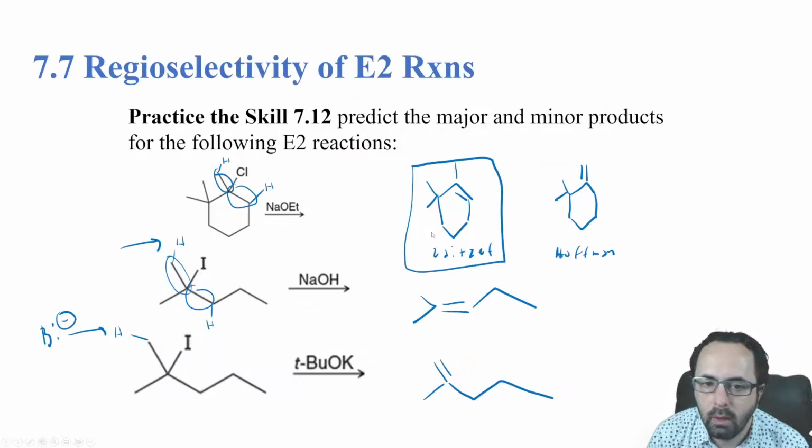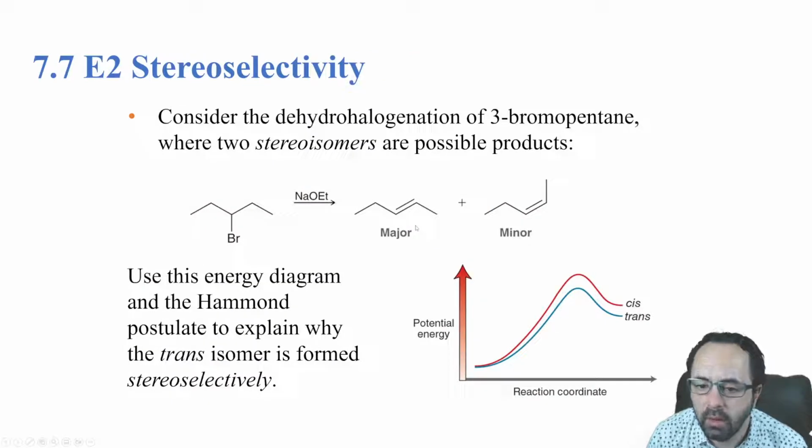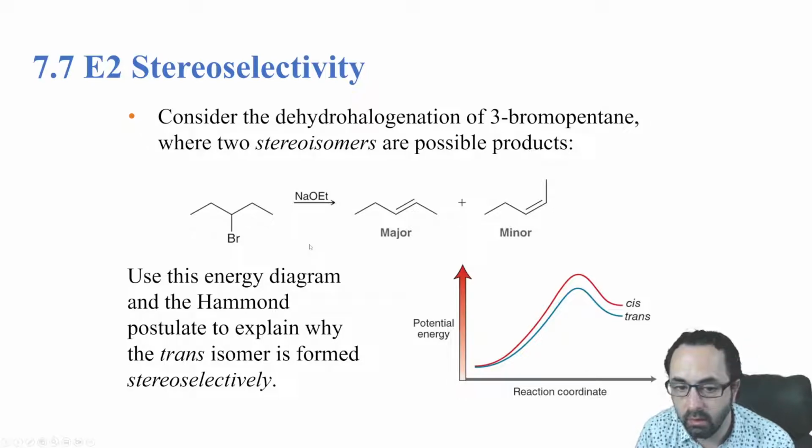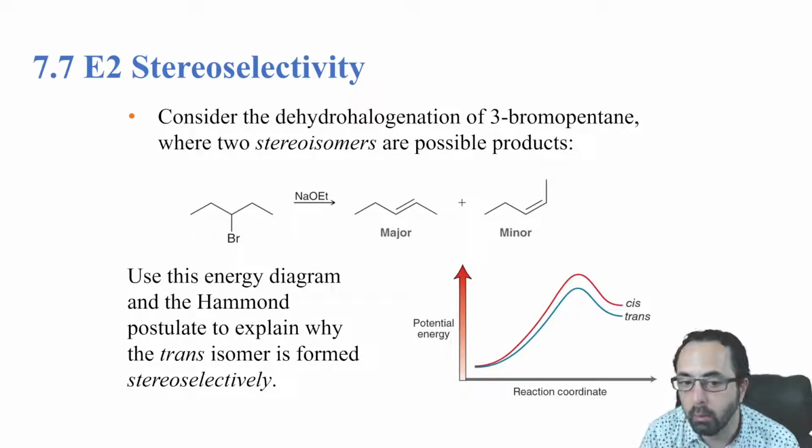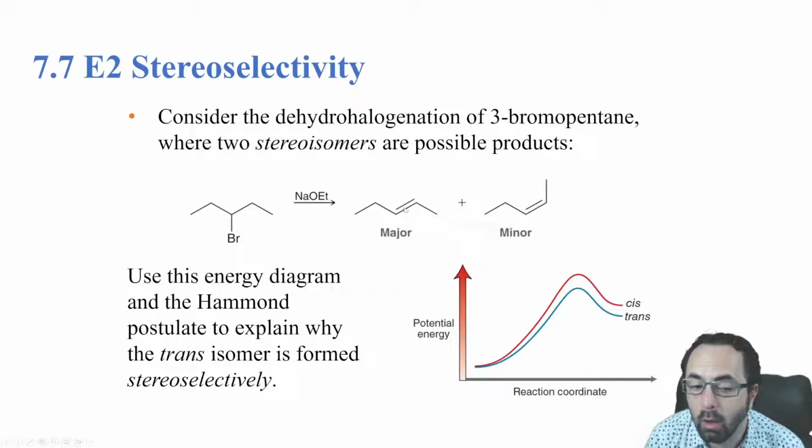So in terms of stereoselectivity, besides regioselectivity, there's also stereoselectivity. Remember, regioselectivity was telling us basically which constitutional isomer we would get. Where would the double bond be? In this case, the double bond is in the same spot in both of these products. It's starting on the second carbon.